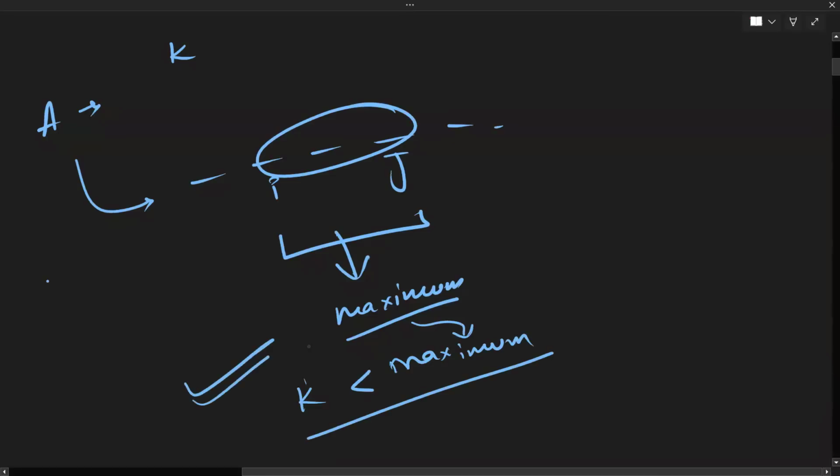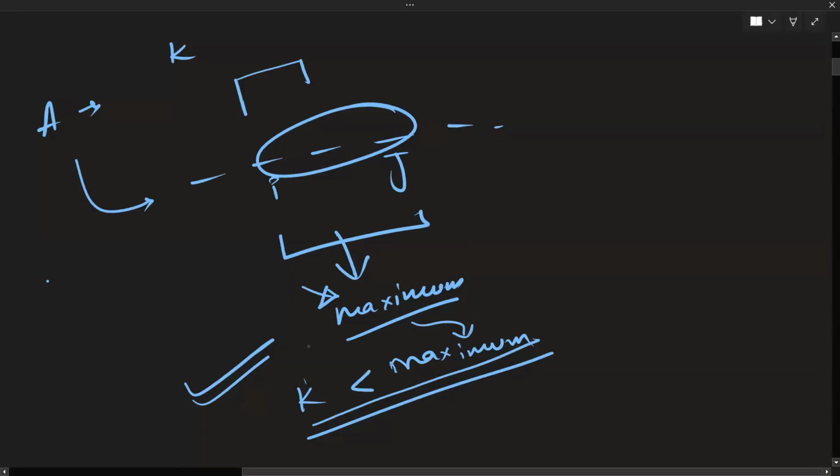So we want this to happen. Since Bob wants to win, he'll want the opposite. So Bob will try to get his maximum as small as possible, right? One of the ways to do that is to take the smallest subarray. If he wants the smallest maximum, he'll choose the subarray as small as possible.